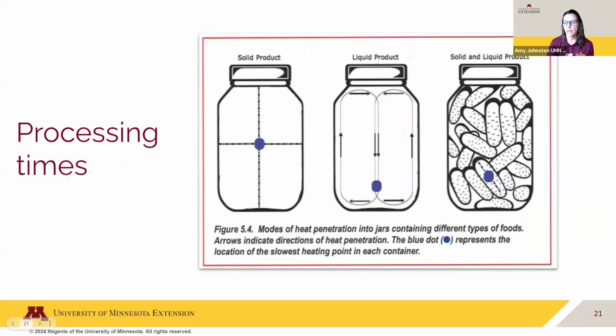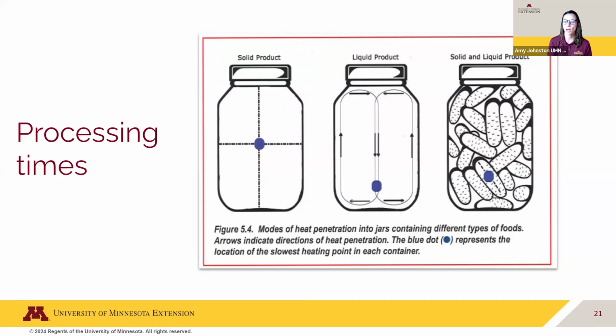Just a review of why the processing times can be different. Processing times are impacted by the type of food and the amount of liquid that is in the jar. The image you see on the screen has 3 jars: a solid product, a liquid product, and then a solid and liquid product.